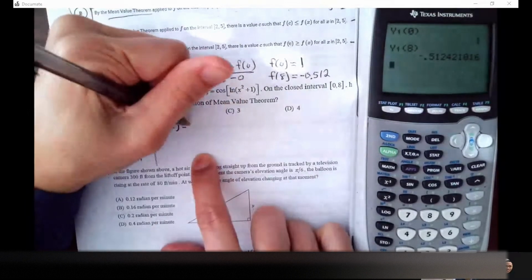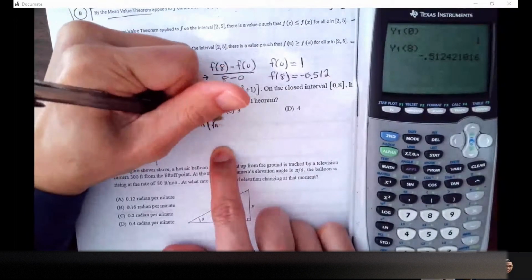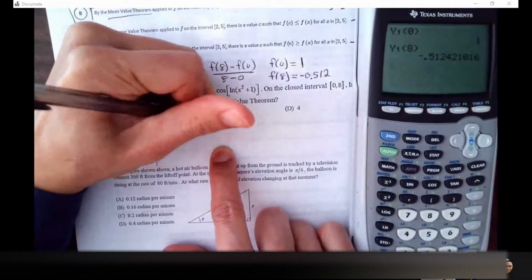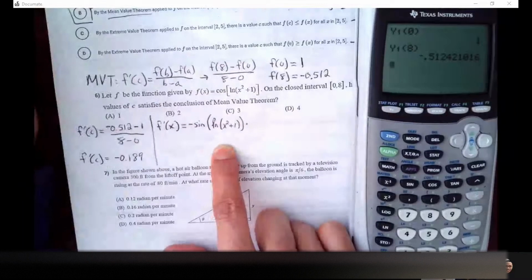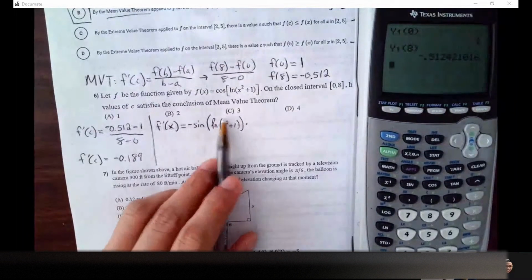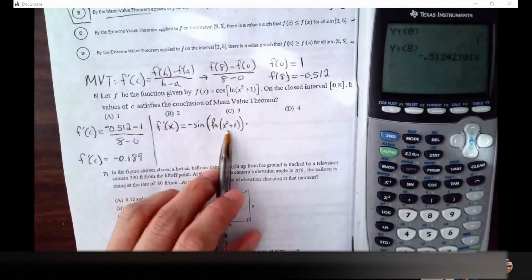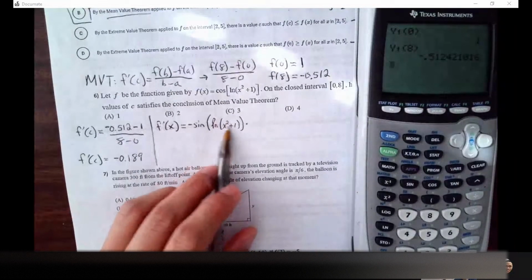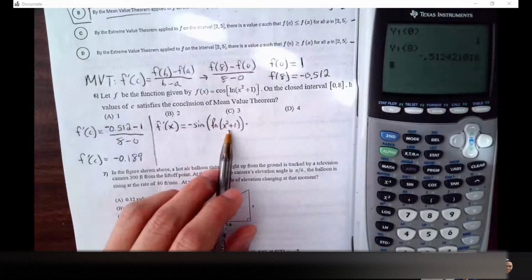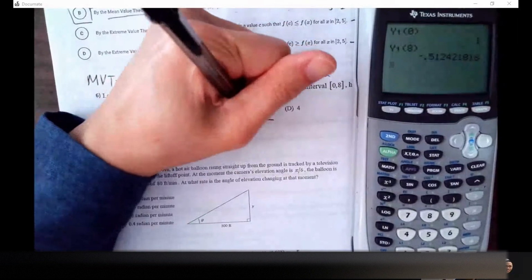So cosine becomes negative sine of u, where this whole expression is my u value, times u prime. Now to find the derivative of natural log of x squared plus 1, we have a separate rule for natural log, which is u prime over u. This portion is my u value within my natural log. So x squared plus 1's derivative is just 2x over my u value, so x squared plus 1.